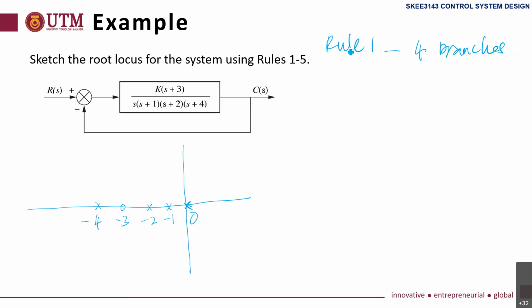Rule number 3. Okay, now apply rule number 3. Rule number 3 mentioned that root locus appears to the left of an odd number. So now I want you to plot the root locus on the real axis.